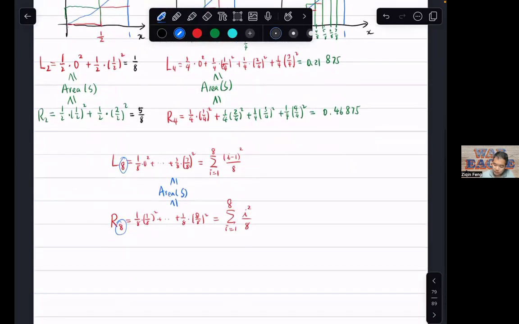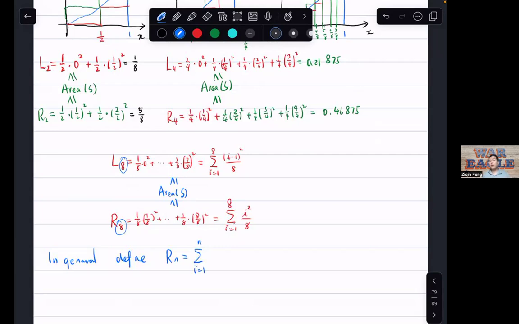So in general, we can define Rn. If n is 2, we get R2; if n is 4, we get R4, right? Here it is equal to the summation over i from 1 to n. If you divide 0 to 1 into n subintervals, the width of each subinterval is 1 over n, right?